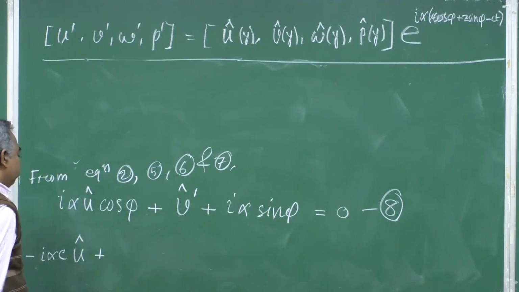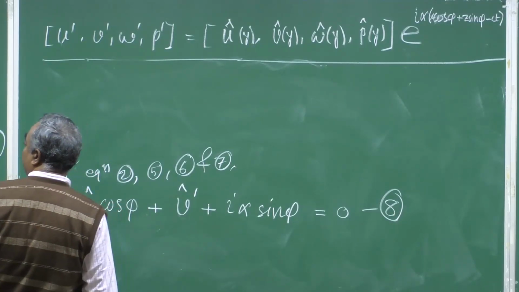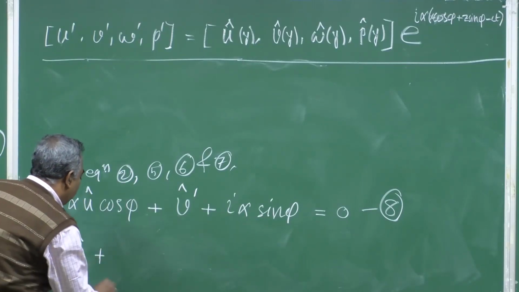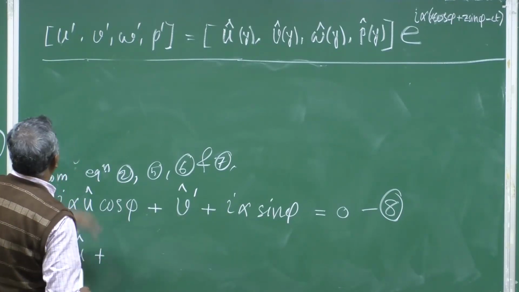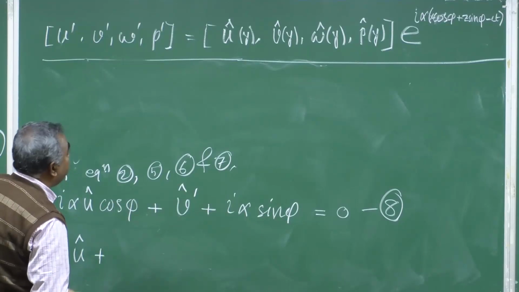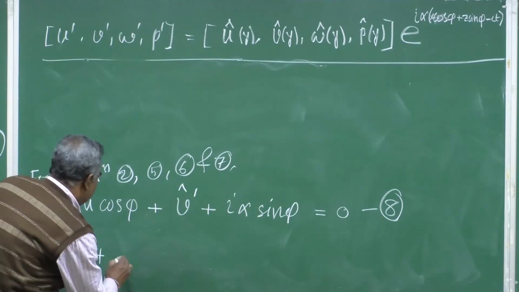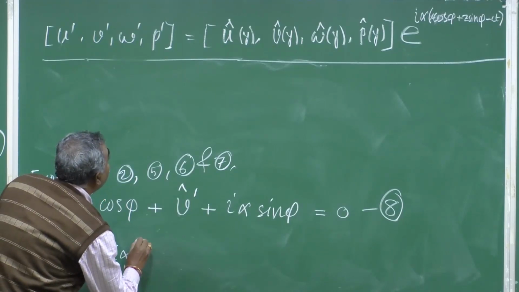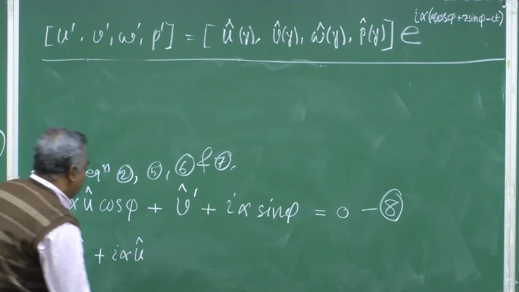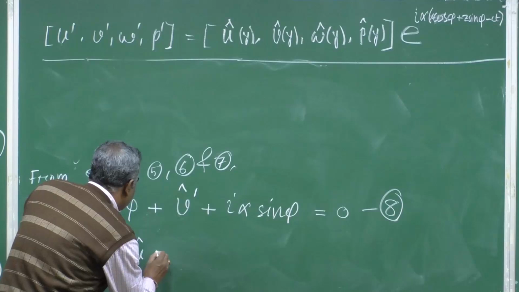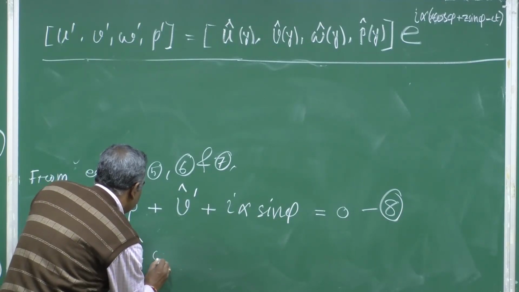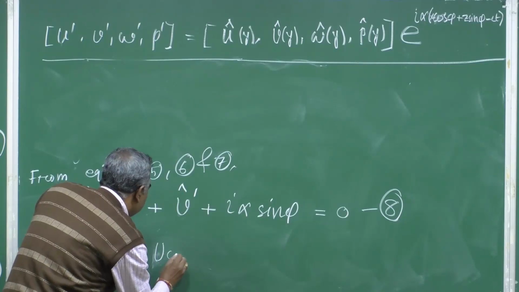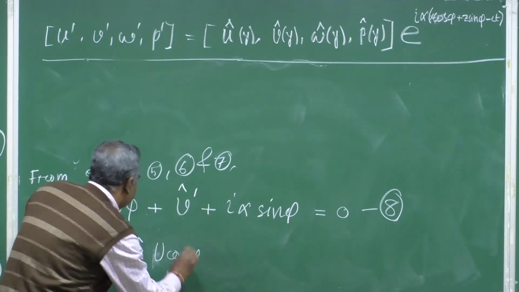What is the second term? The second term in that equation is U into del u prime del x. If we consider del u prime del x, that is going to be i alpha u hat, with capital U and cosine phi there.